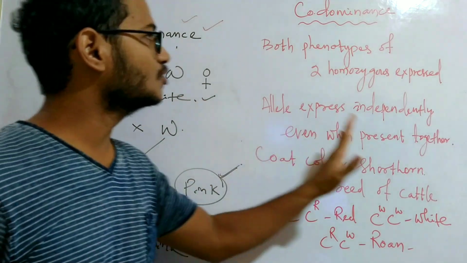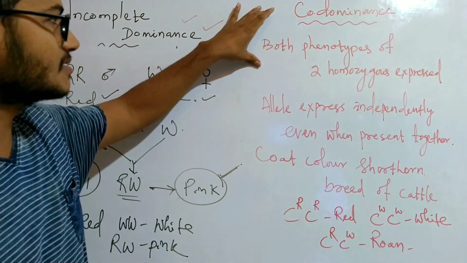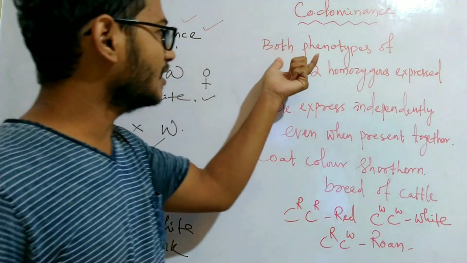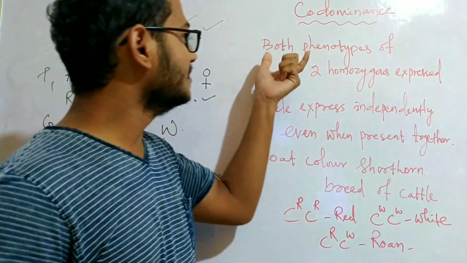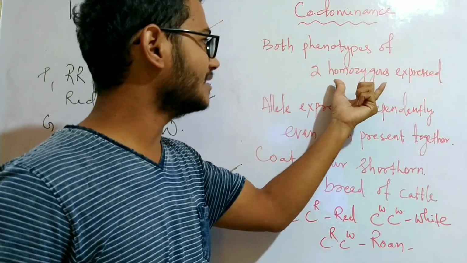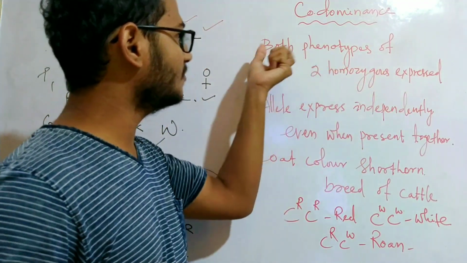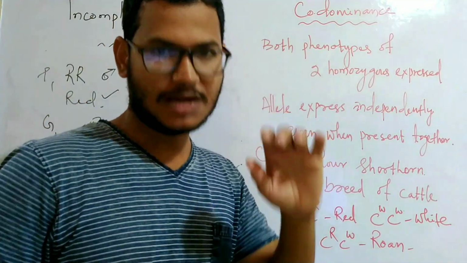Let's now proceed towards codominance. In codominance, both of the homozygous parental characters are expressed in the phenotype of the F1 generation.